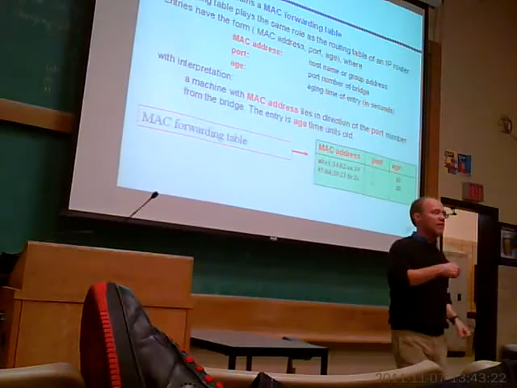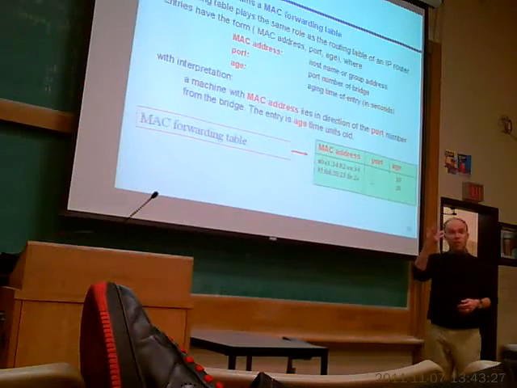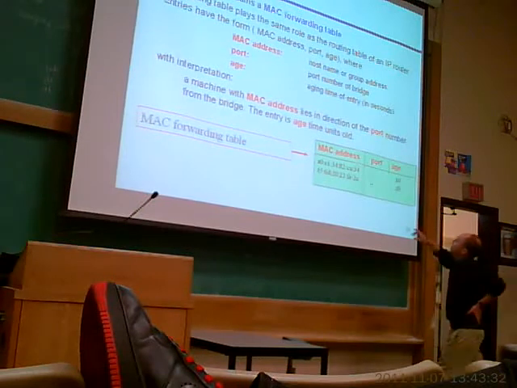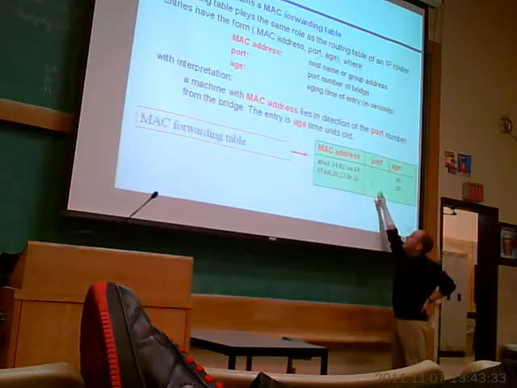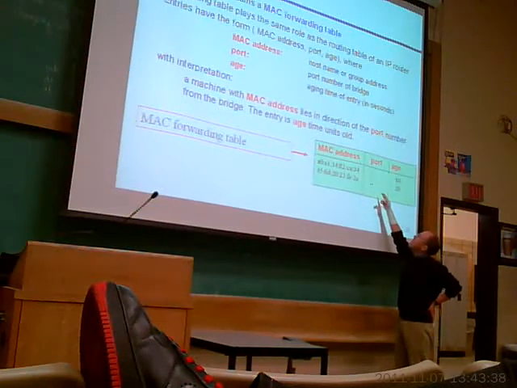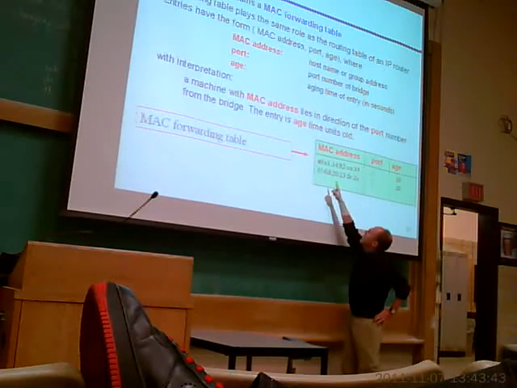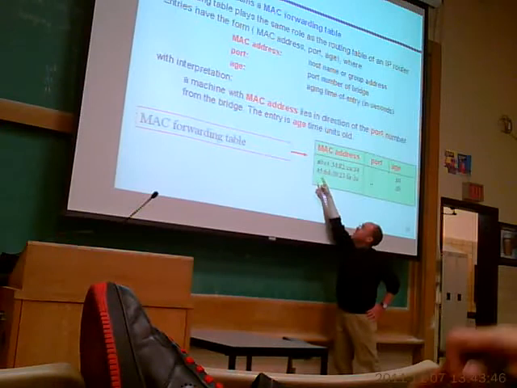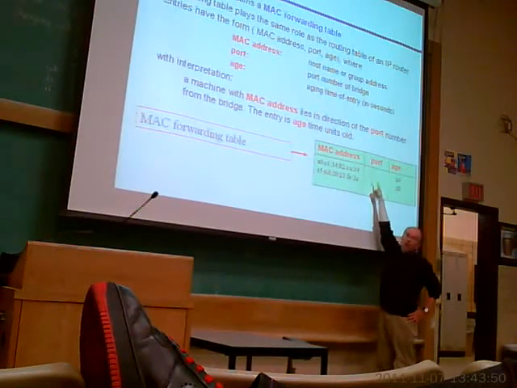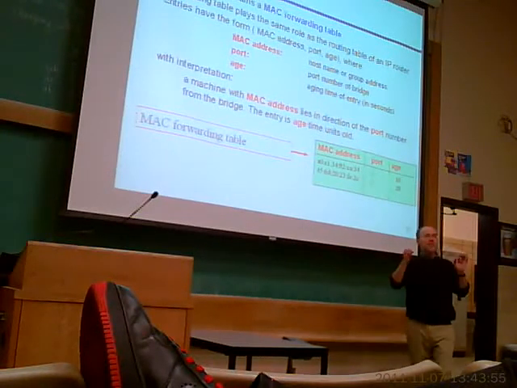And the MAC address is the address of a device, like your Ethernet port or your Wi-Fi port. Then the next column is the outgoing port, and the third column is the age of the entry. So you read an entry like this: if a packet comes in with this destination address, you send the packet out on port 1, and this entry is 10 seconds old.